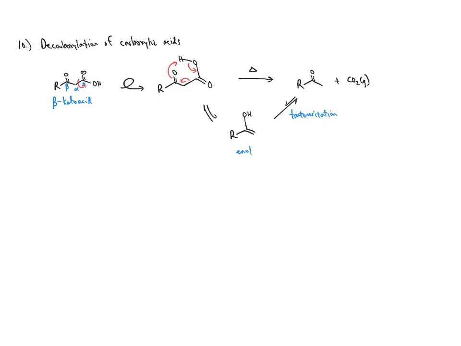Okay. Now in this particular reaction, the R group can be an alkyl or an aryl group. Right, but it can also be OH or OR.